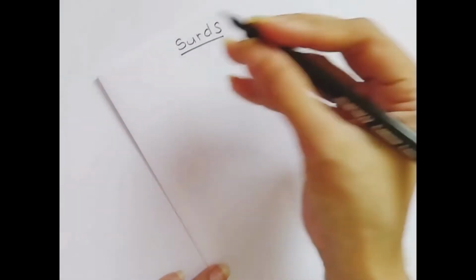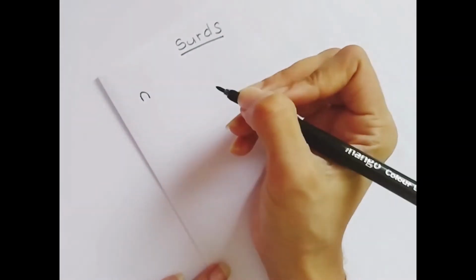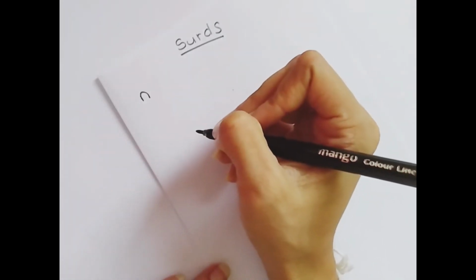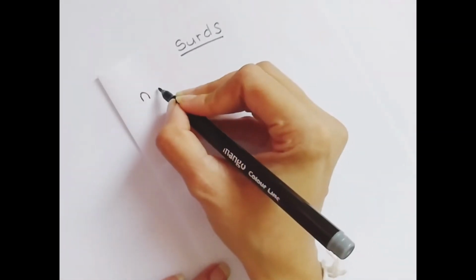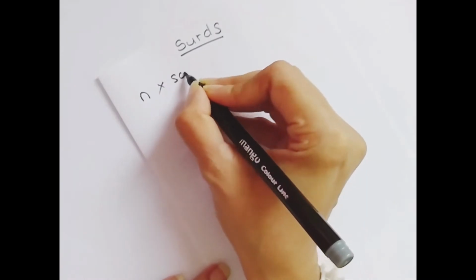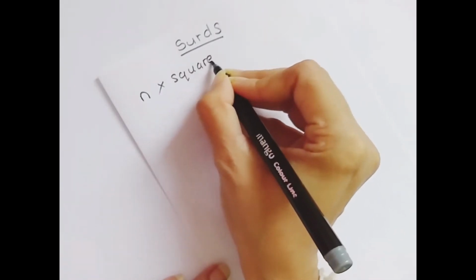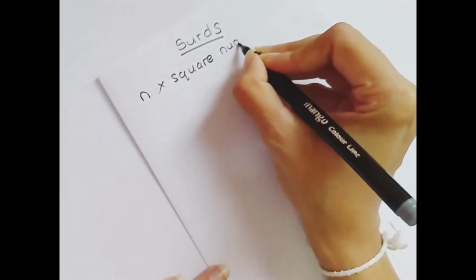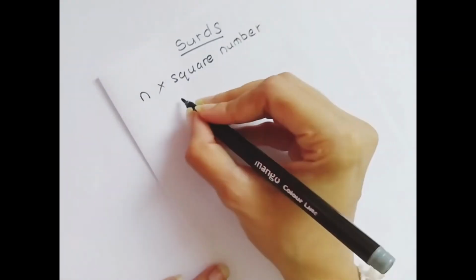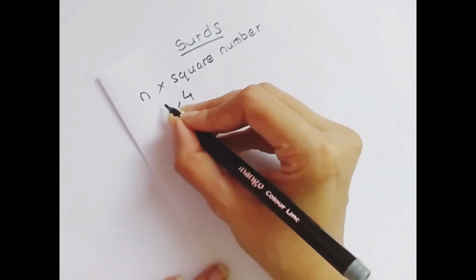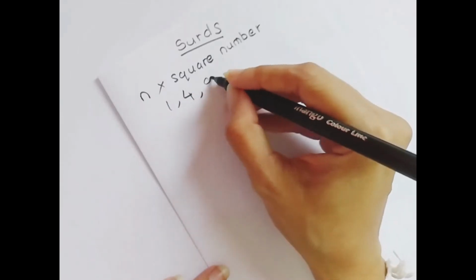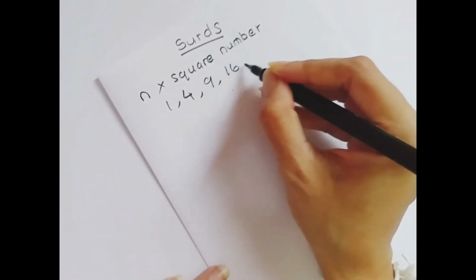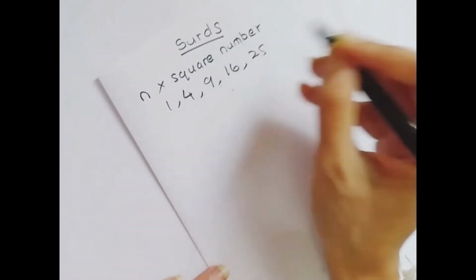Think, if n is an integer that is not a square number. What do you mean by a square number? 1, 4, 9, 16, 25, all these are square numbers.